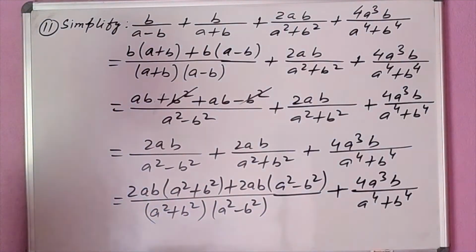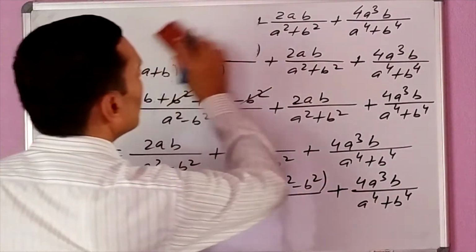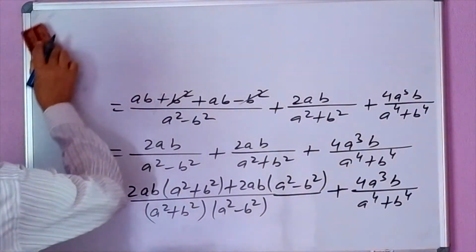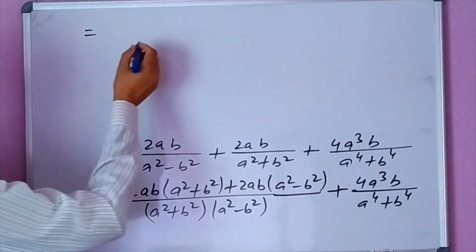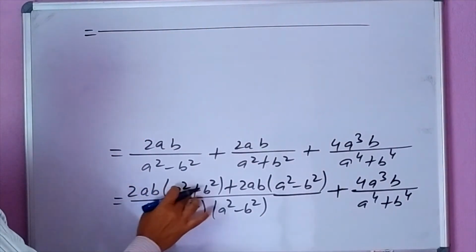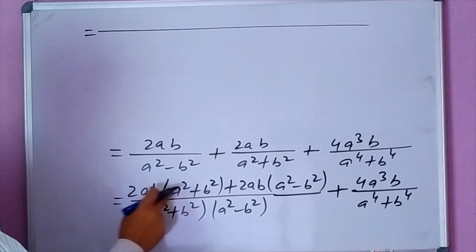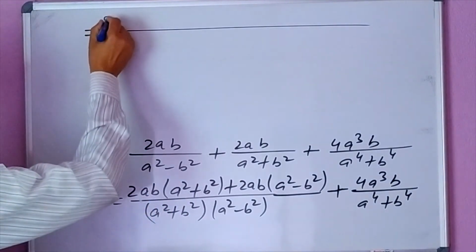Now we open these 2 brackets. 2ab times a square plus b square, again plus 2ab times a square minus b square. So let's multiply this. 2ab into a square, 2a cube b.